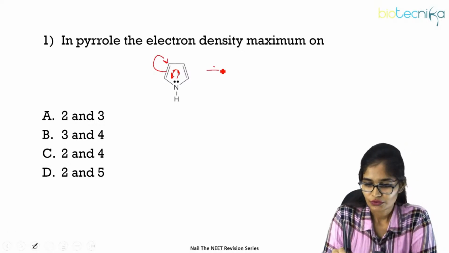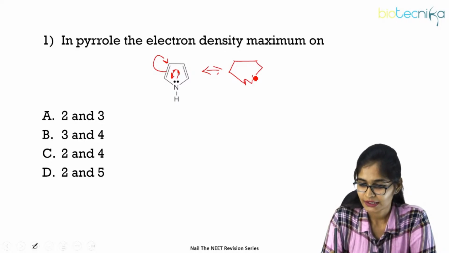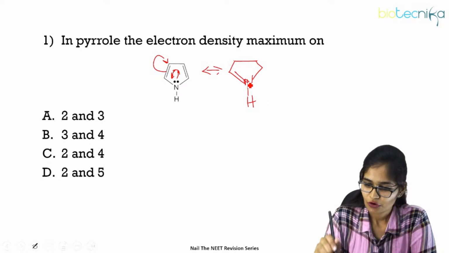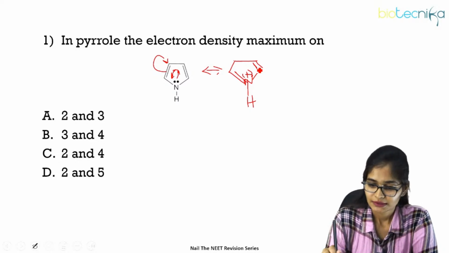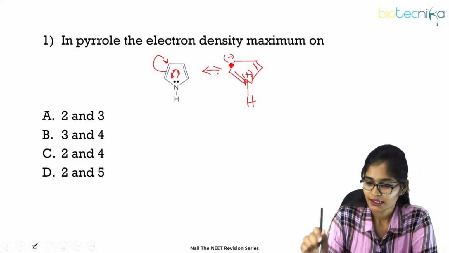You can show the structure like this: the ring as it is, the nitrogen which is carrying one proton, and here the new bond is formed, and now nitrogen is carrying a positive charge. The remaining pi bond I am keeping as it is, but the bond you have shifted has to attain a negative charge.